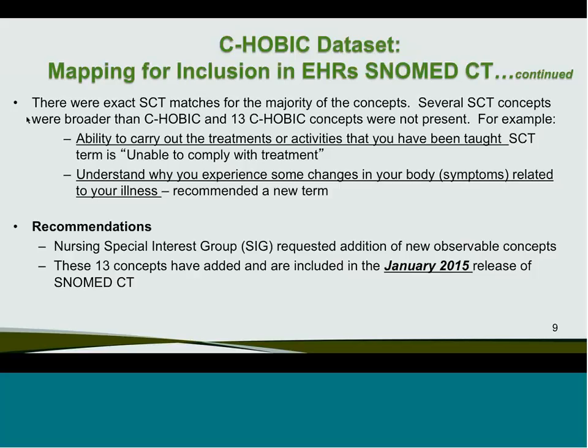There were exact matches to SNOMED CT for the majority of the concepts. Several of the SNOMED CT concepts were broader than C-HOBIC, or alternatively you could phrase it as C-HOBIC was more precise than SNOMED CT. And there were 13 C-HOBIC concepts that were not present. And there are 2 examples there on the screen for you to see of items that were not present.